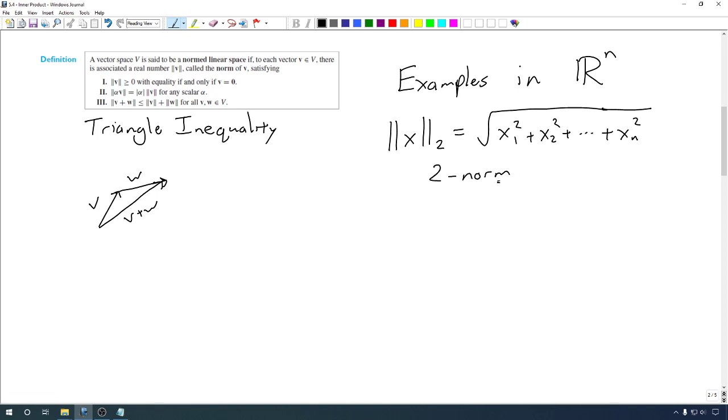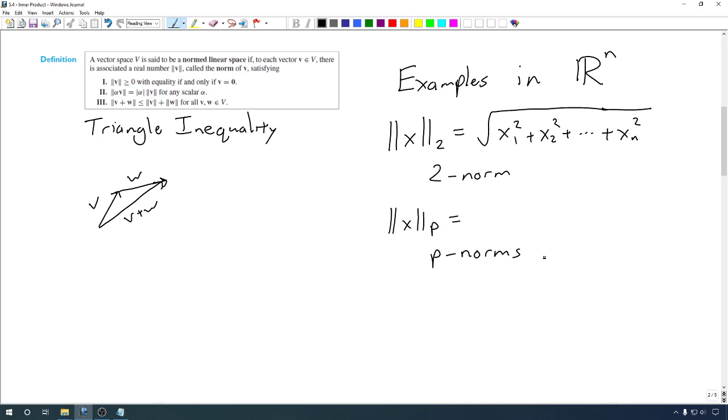And it's kind of familiar. This is what we've been using already. It's the norm that we talked about before as the magnitude or length of a vector in Rn. It's just not the only norm on Rn. The 2 norm is a special case of a more general family of norms called the p norms.